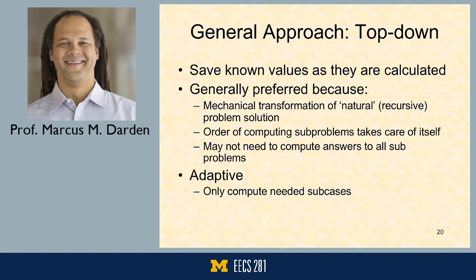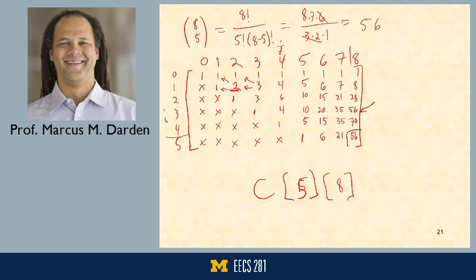You say, well, did I calculate things that I didn't need to? I certainly did. Let's look here, and I'll bring out my highlighter, right? And you can see that 56, of course, used this 35 and this 21. The 35 needed 20 and 15. The 21 needed 15 and 6.